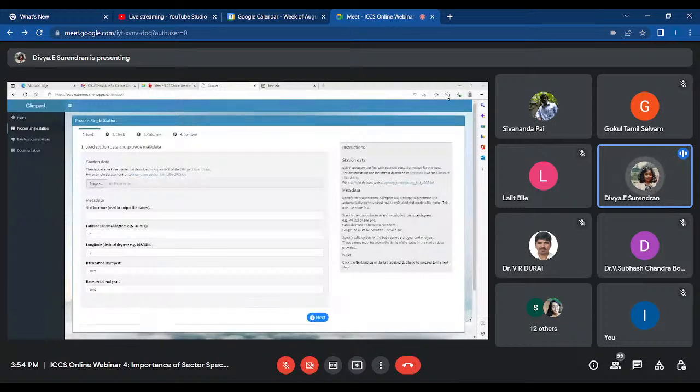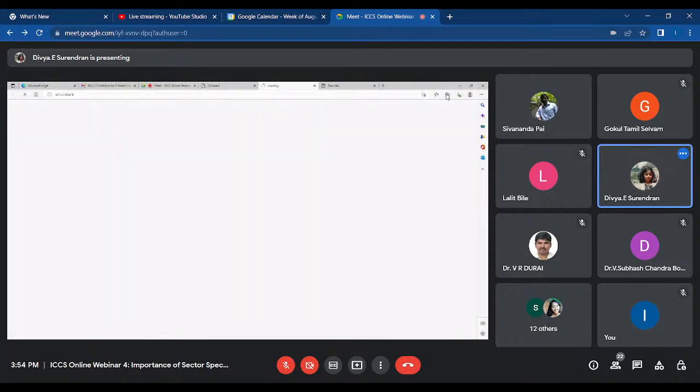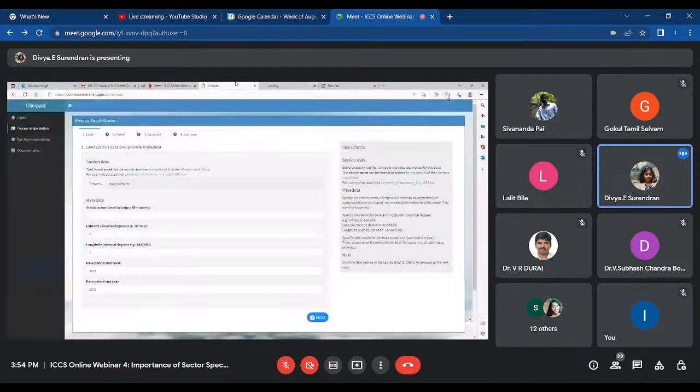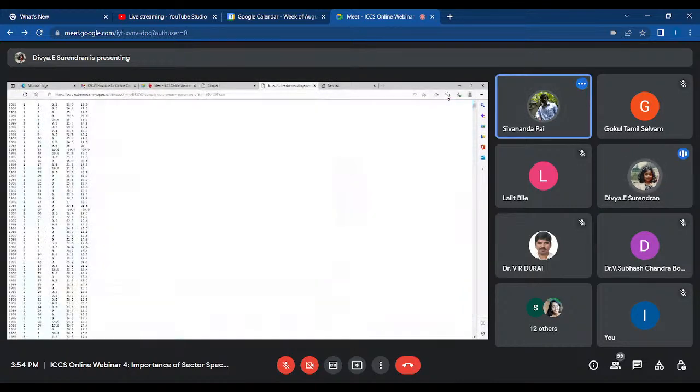The data format will be year, month, day, maximum temperature, minimum temperature, and rainfall. Only three variables are required: maximum and minimum temperatures, and the amount of rainfall. And this has to be in this particular text format.